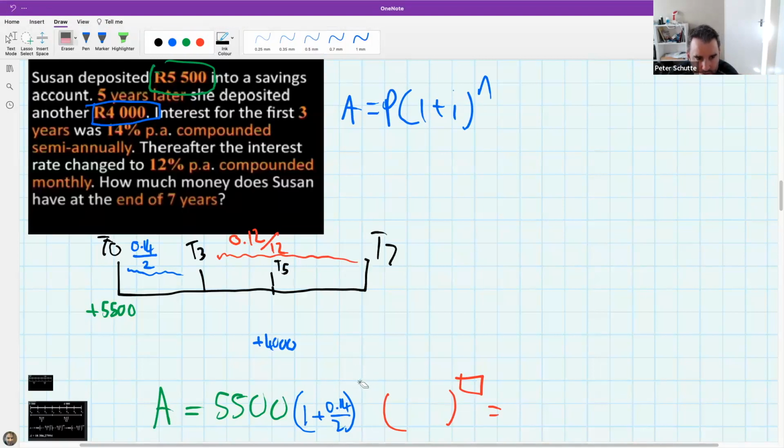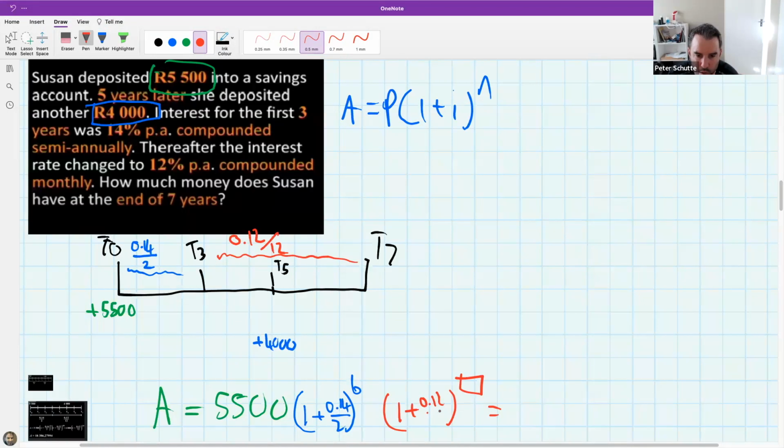Now, it's half years, but it's half years for 3 years. So this must be 3 times 2 or 6. And that would grow me to the 3rd year, but then I have to grow again.